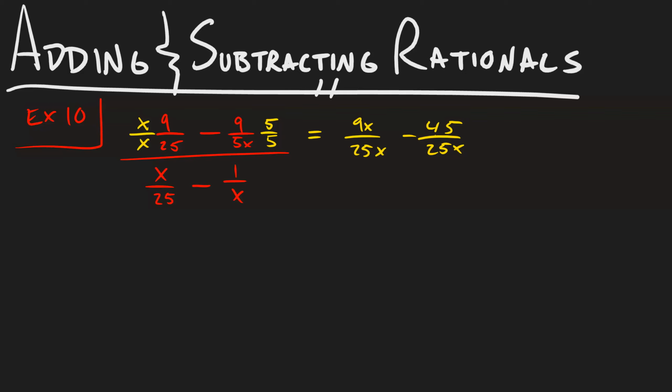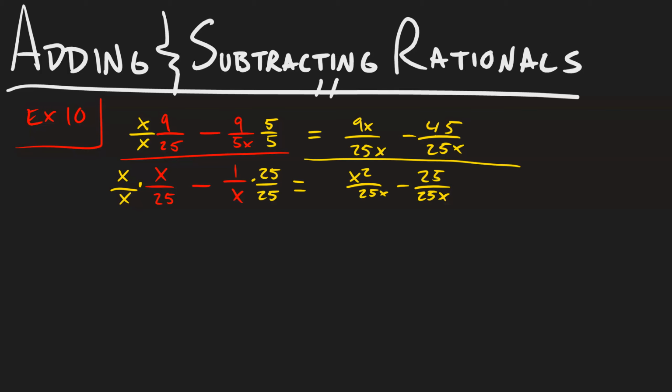In our denominator, it looks like I'm going to need for my first fraction a factor of x in the denominator, so I'm going to multiply by x over x. And in the second one, I just need to multiply by 25 over 25. So I'll go ahead and write this out as x squared over 25x minus 25 over 25x. And I'll go ahead and put that big fraction bar here.